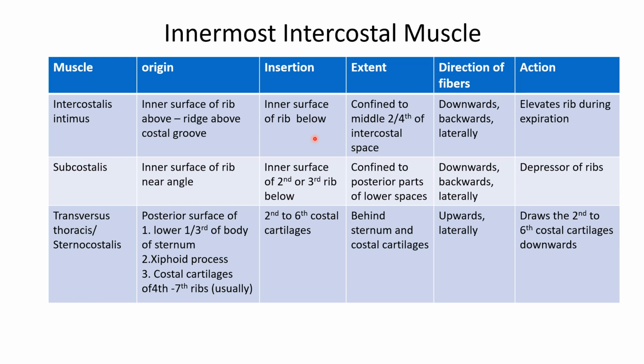As all of you know, the upper border of the rib gives insertion to the external intercostal muscle, followed by the internal intercostal muscle, and then deeper to it, towards the inner surface of the rib, will be the insertion of the intercostalis intimus.